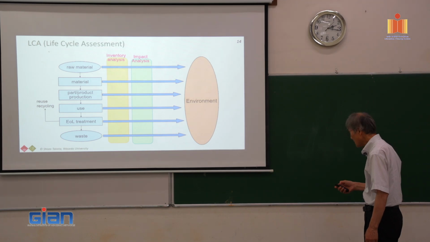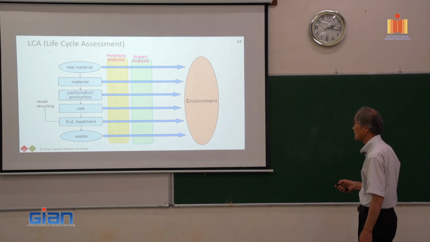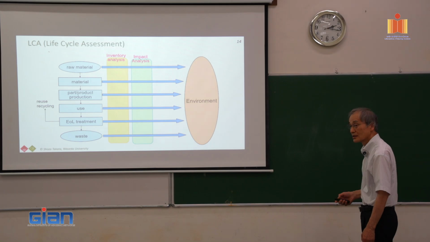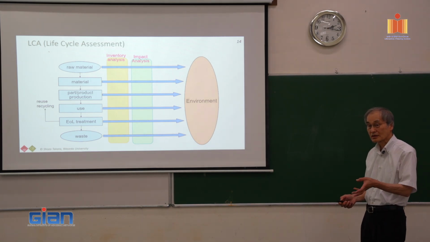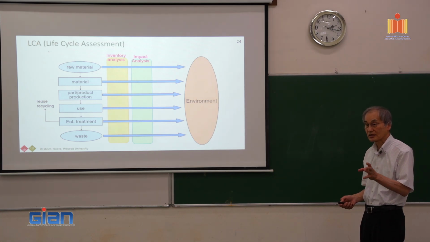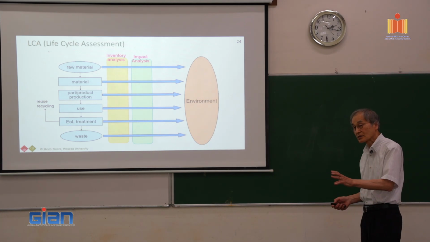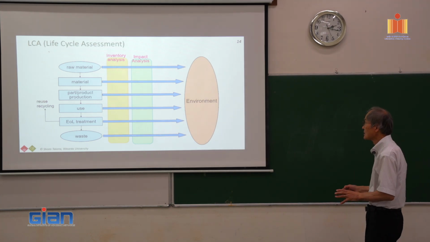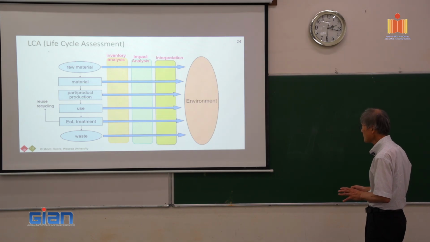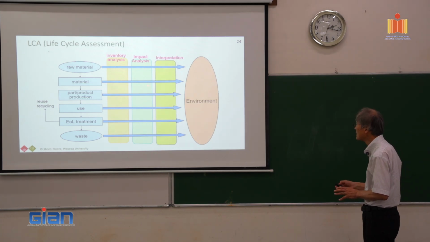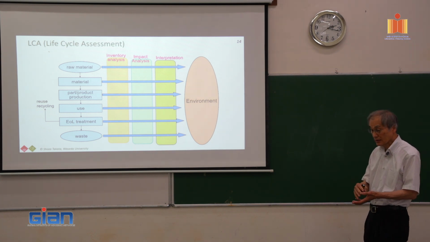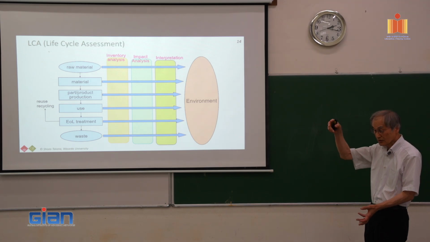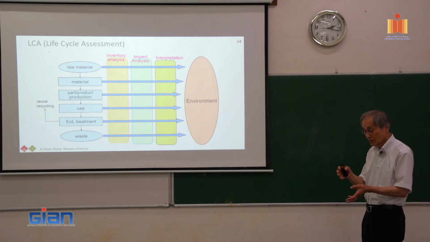And then this kind of input-output material has an impact on the environment, such as ozone depletion, and so on. So there are different kinds of environmental impact, and you should analyze them.